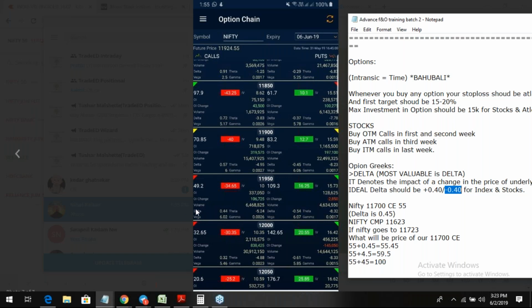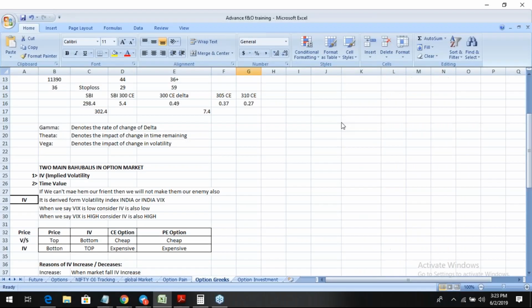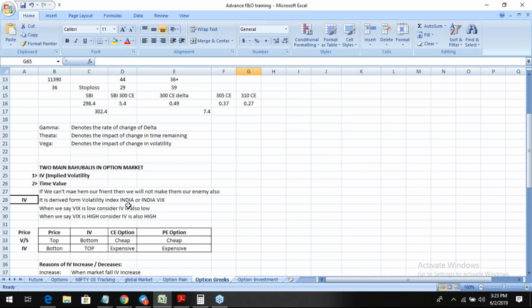If you're talking about Vega, what is Vega? Tell me. See, it shows the volatility. If the volatility is there, you'll get a good increase in your premium. But we cannot calculate volatility.